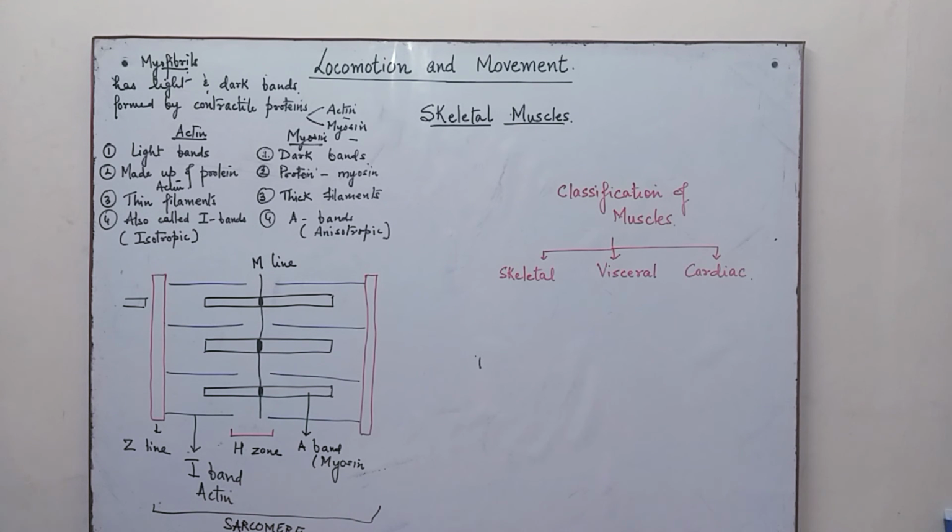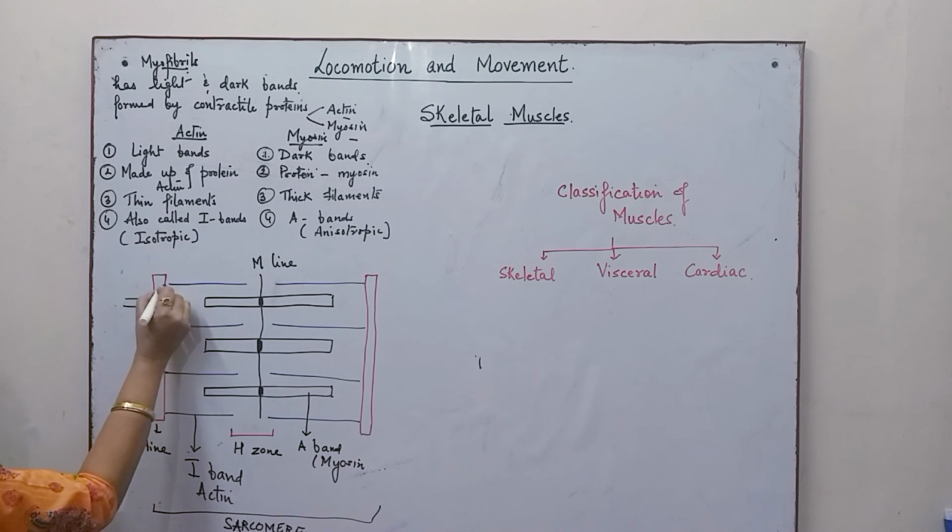Now, if we see the arrangement of these, the thin filaments on one side are firmly attached to the Z line. So over here, this Z line has an arrangement in which it provides attachment to the thin filaments.